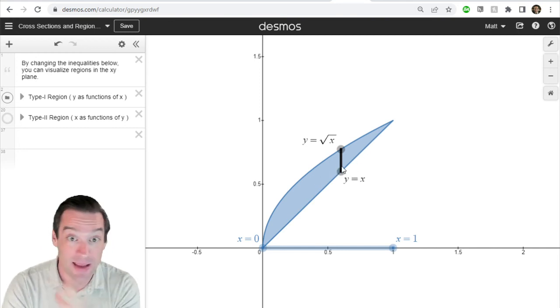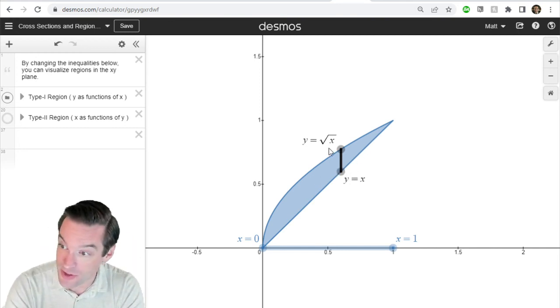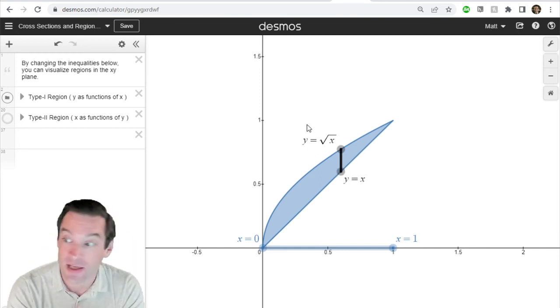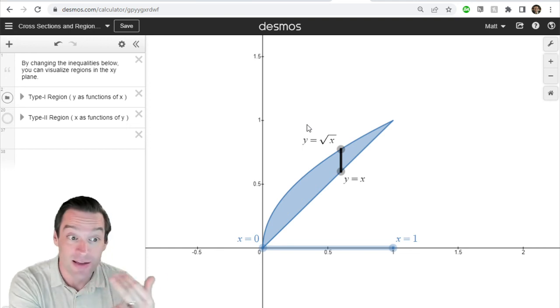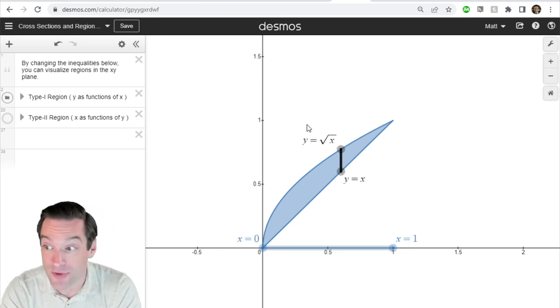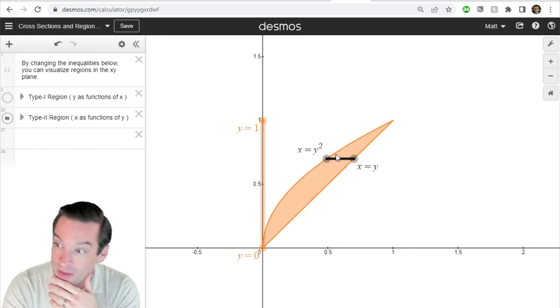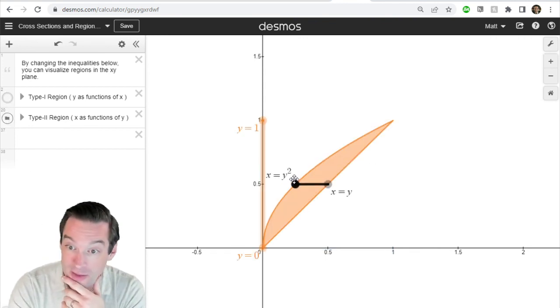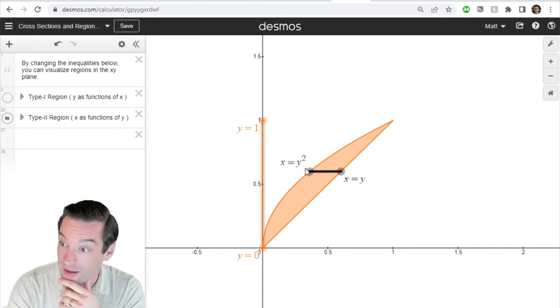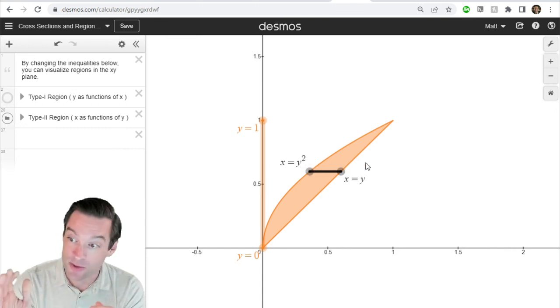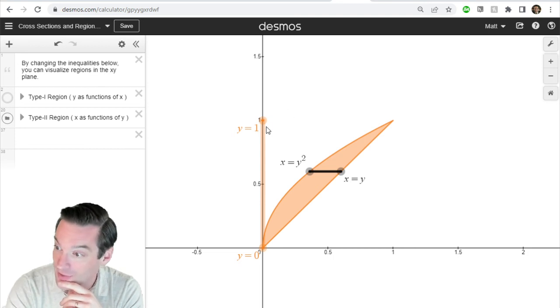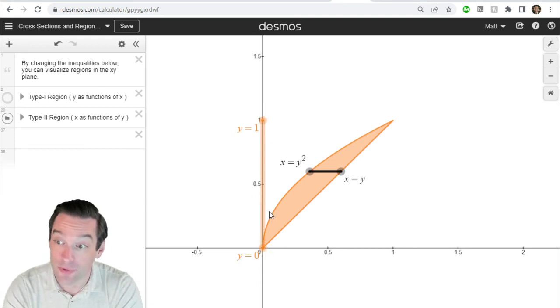So that's my right-hand limit function for this region. My left-hand limit function will be what I get if I turn y equals square root of x into making x the subject. I square both sides and find out x should be equal to y squared. So as a type 2 region, x ranges from y squared on the left side to y on the right side. And then when I squish that region onto the y-axis, it covers the portion of the y-axis from y equals 0 to y equals 1.